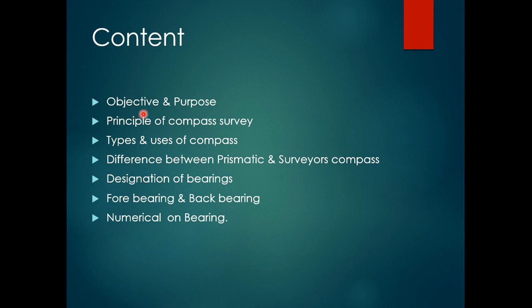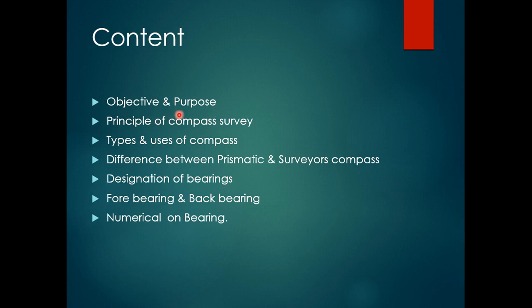But when the area is large and crowded with many details, triangulation is not possible. So in this case we have to use the method of traversing. The method of traversing is the principle of compass survey. So this is the objective and purpose of compass survey.